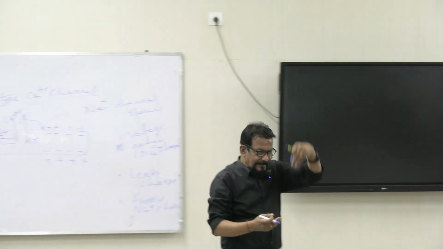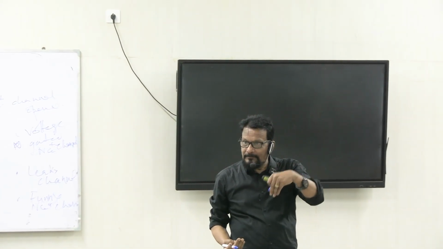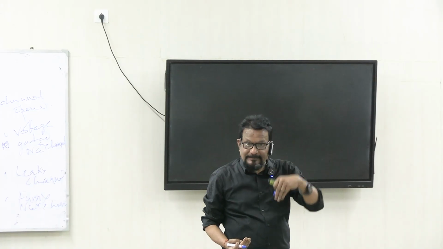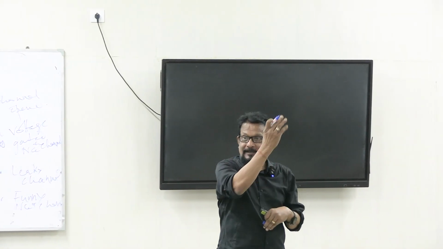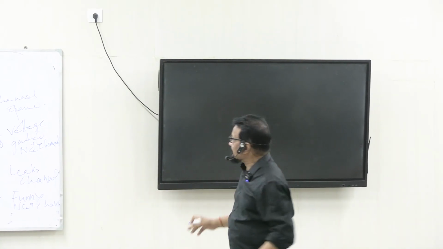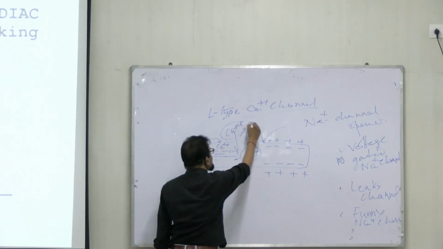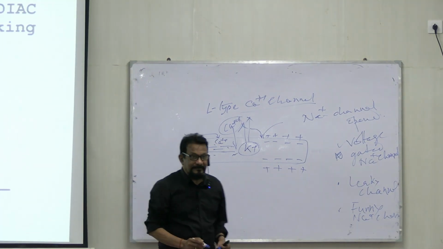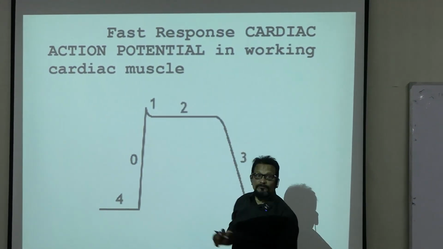Now, the amount of calcium ion that has been entering will be the same as the amount of potassium that is outgoing. As a result, the voltage will remain the same. The amount of entry of calcium ion within the cell is equal to the amount of exit of potassium outside the cell. As a result, we get this plateau phase.